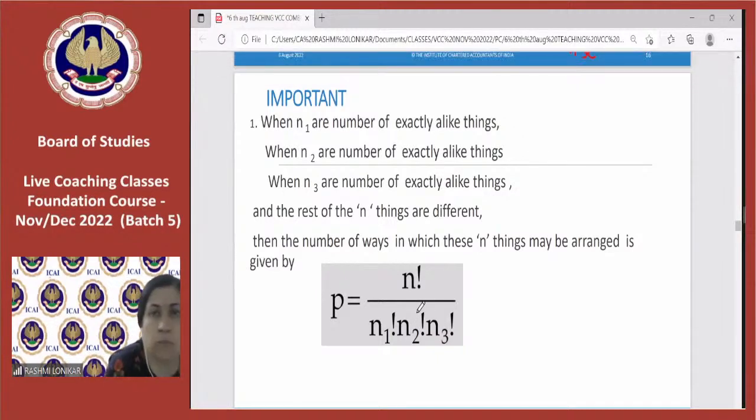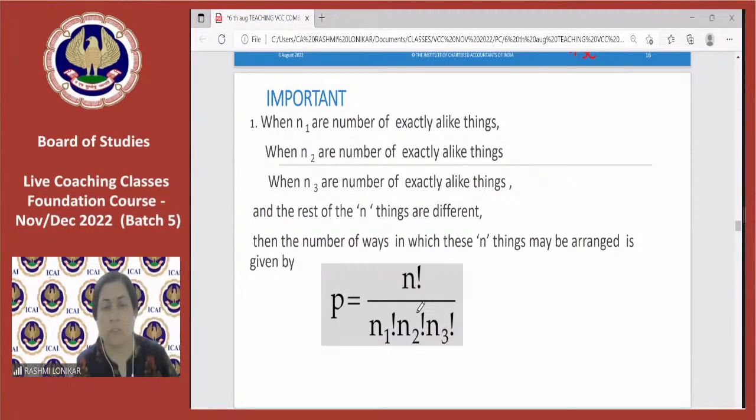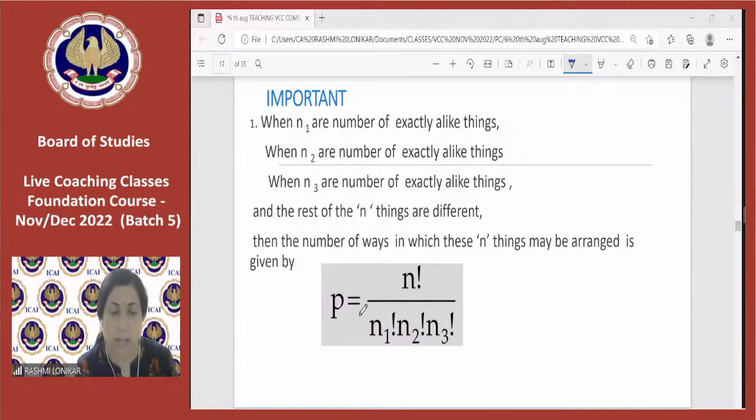Like in the case of balls, you have many balls: 7 red, 5 white, 4 blue. So those are n1, n2, n3. Or you may even have vowels and consonants, so you may have A vowel, I vowel, and the others are consonants. All these types of sums can be solved in this way: n things may be arranged and given by P is equal to n factorial upon n1 factorial, n2 factorial, n3 factorial, and so on.